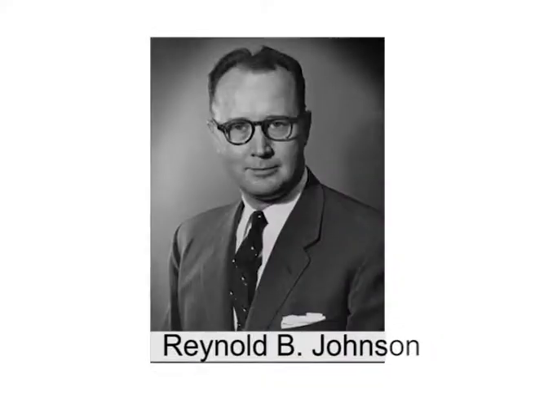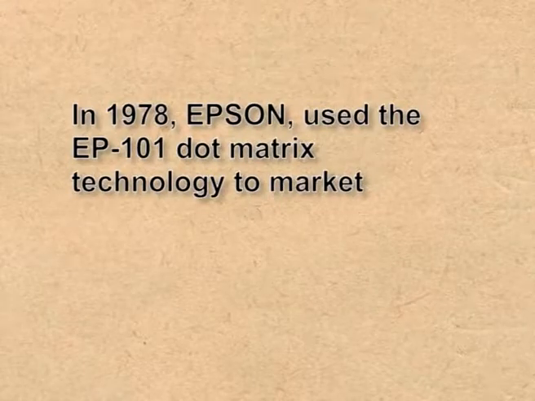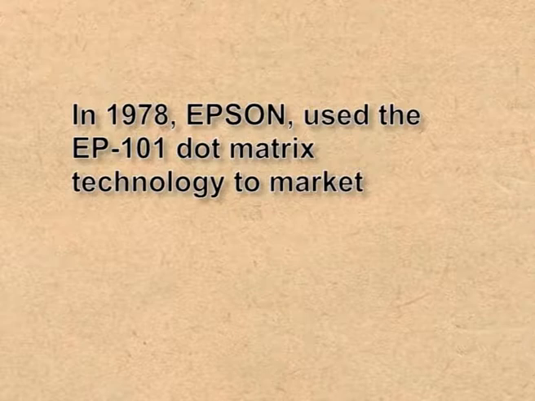The earliest development work on wire printers appears to be that of Reynold B. Johnson at IBM in the year 1949. In 1978, Epson used the EP101 dot matrix technology to market the first under $2000 consumer dot matrix printer, the Epson TX80.